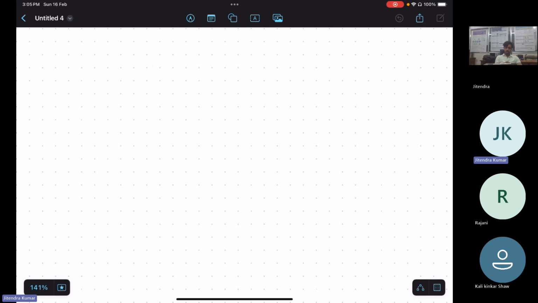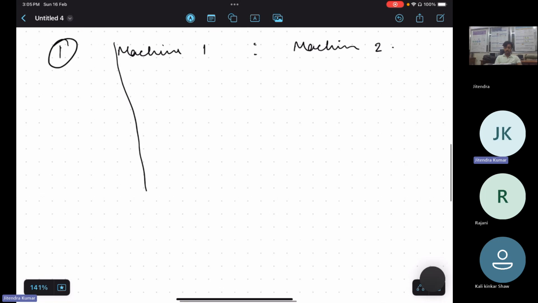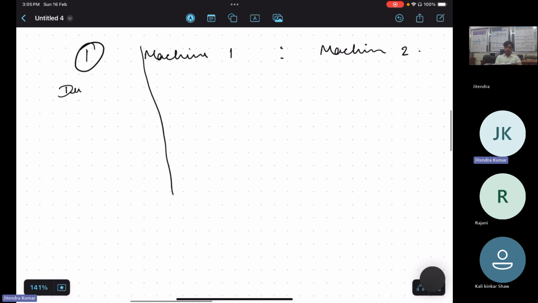So we are given two machines with all the dimensions in the ratio of k to 1. Machine 1, machine 2. So dimensions of machine 1 is 1 is to k, all the dimensions, right?